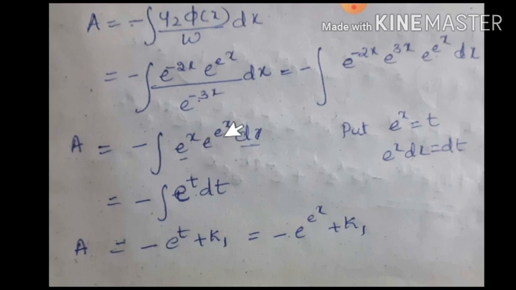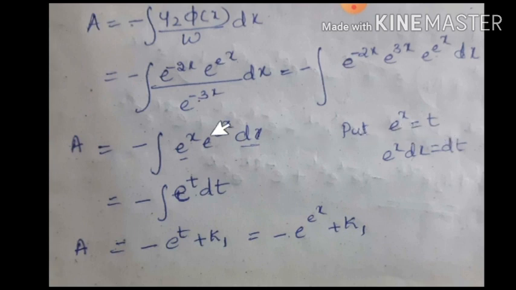Whenever there is an exponential term, you integrate it by substitution. For which term do you substitute? It is e to the power of x, the extra term seen in the integrand. Take e to the power of x as t. Differentiate: the derivative of e to the power of x is e to the power of x dx, and the derivative of t is dt.